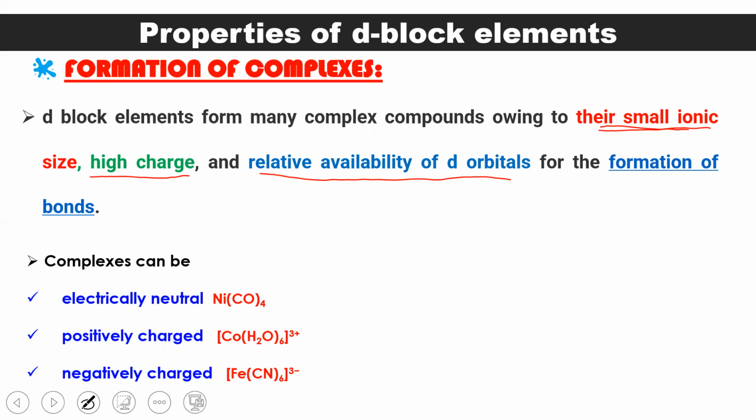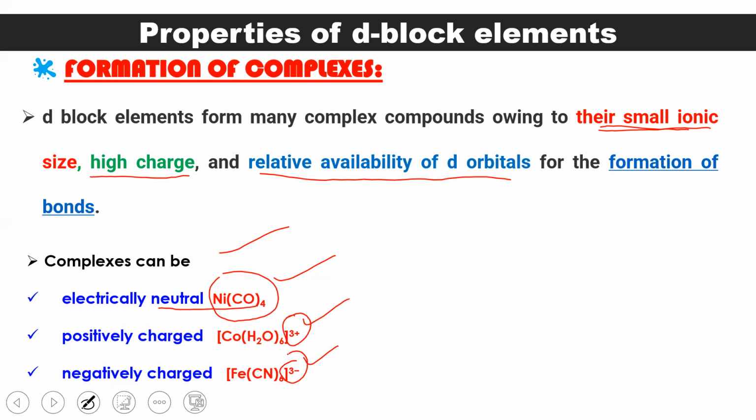So due to these factors, the D block elements can form complexes in an electrically neutral form. Electrically neutral means the complex has no charge. They are also able to form positively charged complexes, that means the complex has a positive charge, a positive oxidation state. And negative charge complexes can also be formed by the D block elements, meaning the complex has a negative charge.